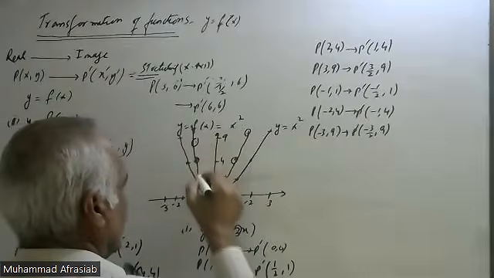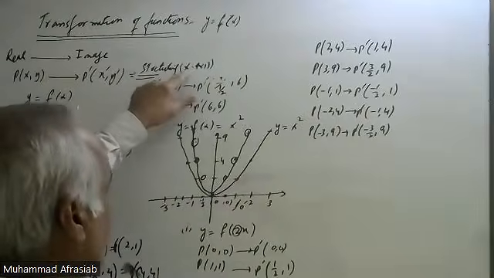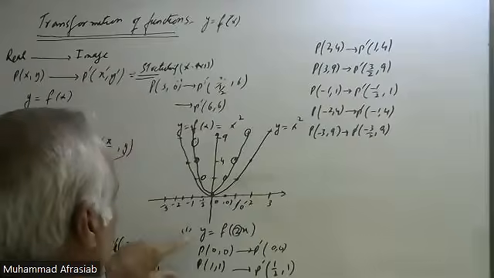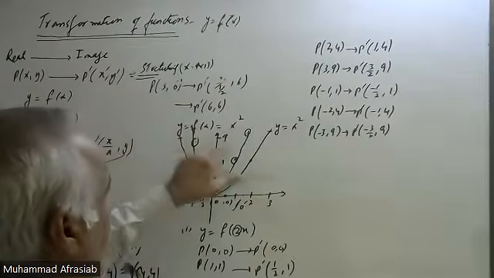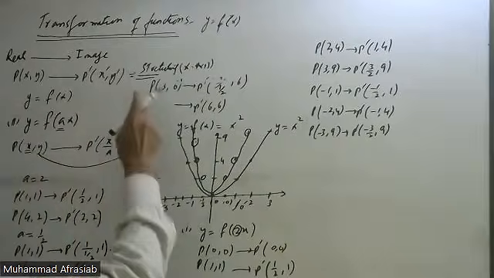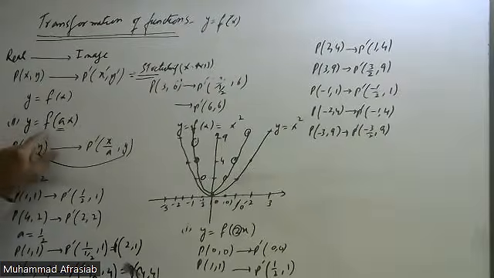So you have seen that it is the stretching along the x-axis here, because the x value is divided by a, which is 2, and the y value remains the same. So it is basically the stretching about the x-axis for the graph whenever it is changed in the form of y equals f of ax.